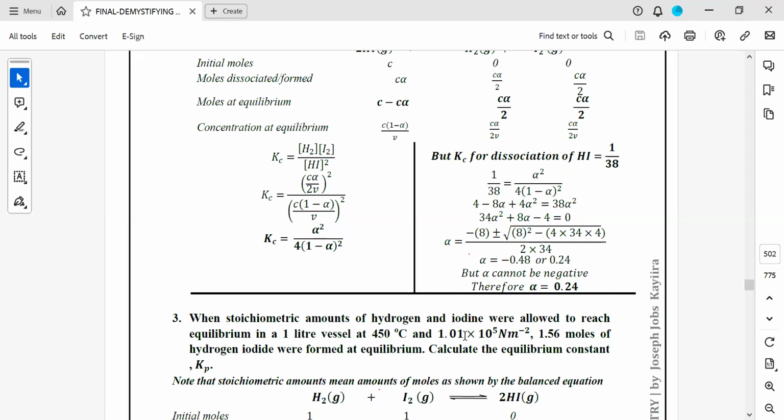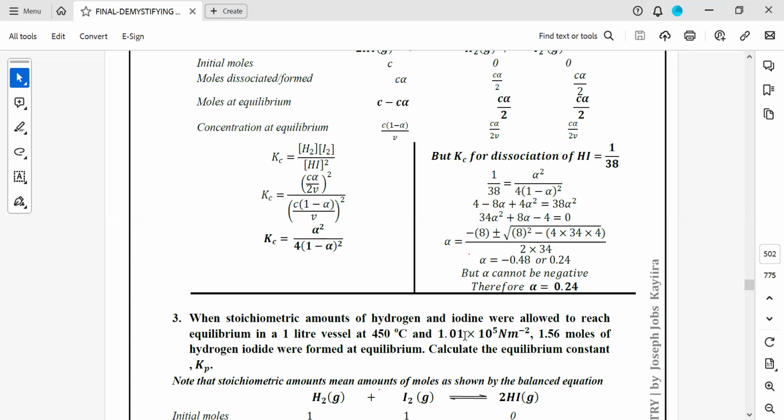Okay, time is up, so we can try out the number together. They say when stoichiometric amounts of hydrogen and iodine were allowed to reach equilibrium in a 1-liter vessel at that temperature and pressure, 1.56 moles of hydrogen iodide were formed at equilibrium.